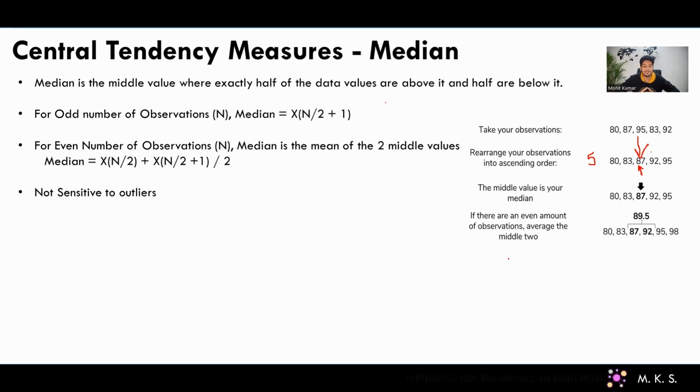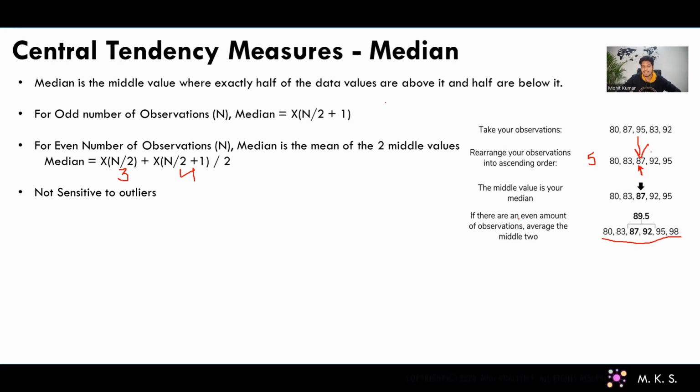Now, if we have an even number of observations in our data, then it is a little bit tricky. Then you have to take the average of two values, and those two values will be the center of your complete data, right? So let's say we have 6 observations. Again, you have to arrange them in ascending order. Then you have to pick two values, which are x at n by 2, like in this case 6 is the number of observations, so this is 3, and this is 3 plus 1, that is 4, right?